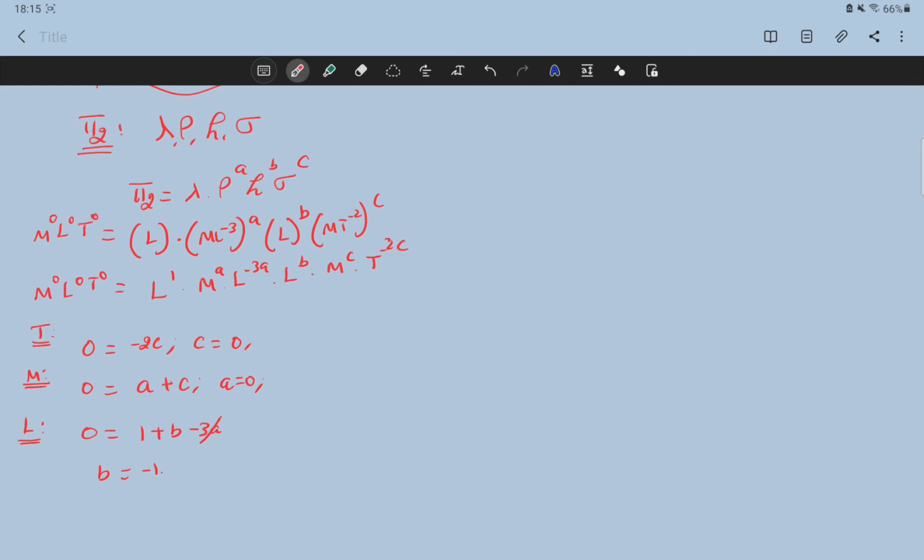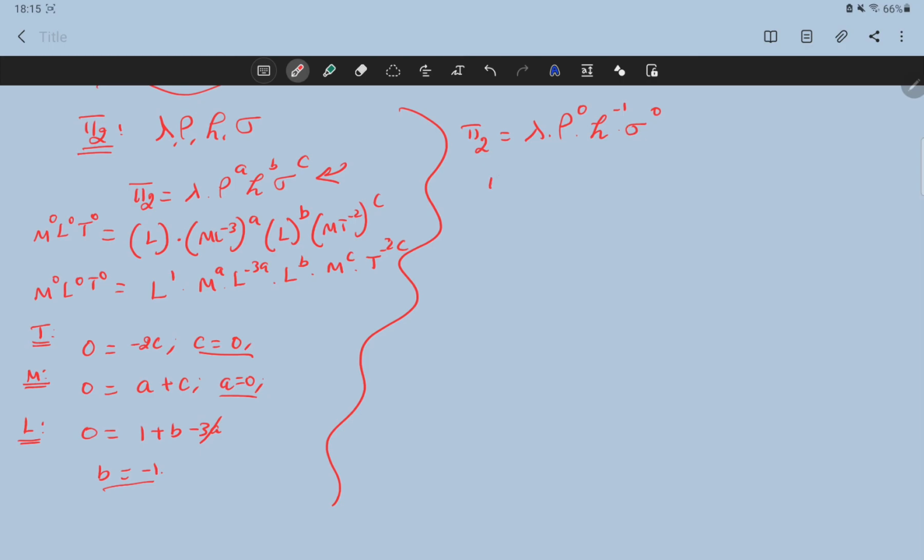So let me substitute all these values 1, 2, 3 in our pi 2 equation here. If I do that, I get pi 2 equals lambda times rho power 0 times h power minus 1 times sigma power 0.